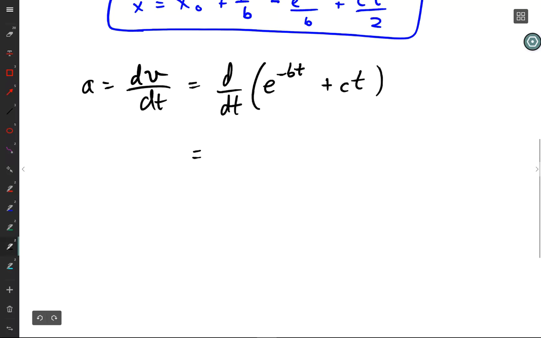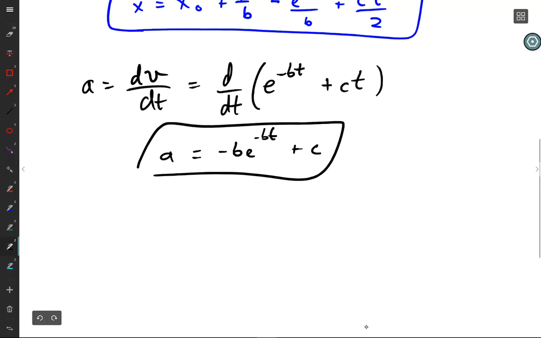Derivative of e to the minus bt, you bring down the derivative of the exponent, so you bring down a minus b. Derivative of ct is just c. A lot quicker doing the derivatives, right? A lot easier. That's why in calculus class you learn the derivative first.